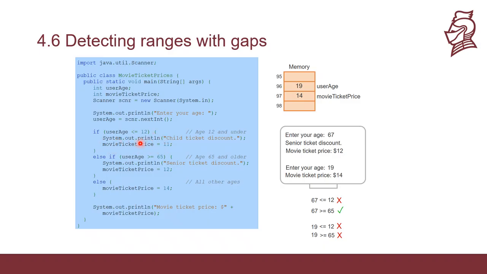Remember, you do all of the things inside this code block. Opening curly brace, closing curly brace. Else, if the user age is greater than or equal to 65, then you get the senior discount. Notice that there's a big gap in that range there. Less than 12, greater than 65. Otherwise, the movie ticket price is 14, and that's all of them. So you can have gaps in there.